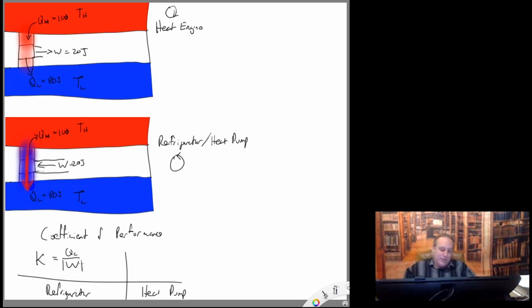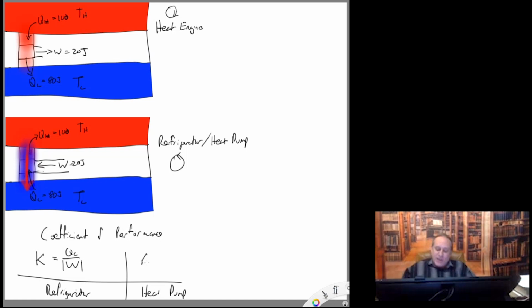So we use the absolute value. And the heat, Q cold, is going into our machine, so it's positive. So we don't need an absolute value for QC, although a lot of times people just write absolute value over this whole thing to not have to think about it. But technically, we only need absolute value on the bottom.